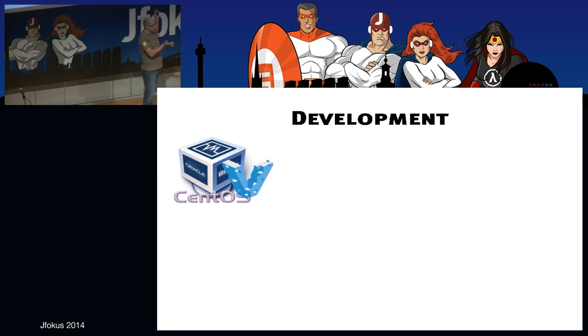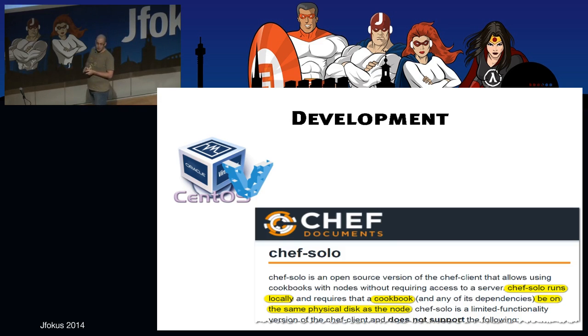Here we go. This is actually more or less the whole magic. In development, we have Oracle VirtualBox that has CentOS running on it with Vagrant, and then Chef Solo. So, as I already mentioned, Chef Solo is a flavor of Chef that runs locally and requires the cookbooks to be on the same physical disk as the node itself, as the Chef engine, which means that the cookbooks should be checked out on the machine of the developer in development mode.